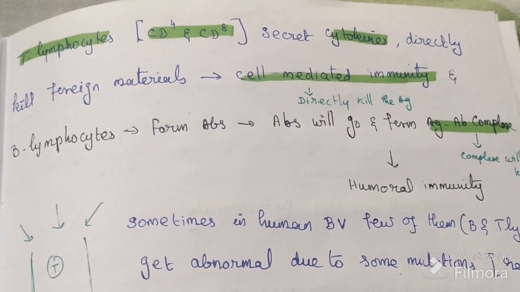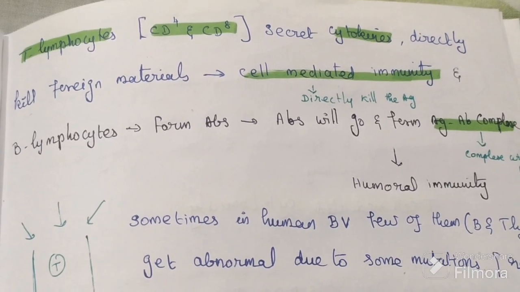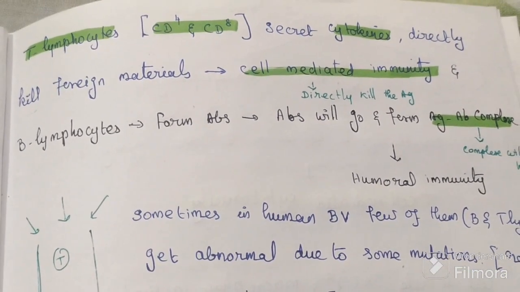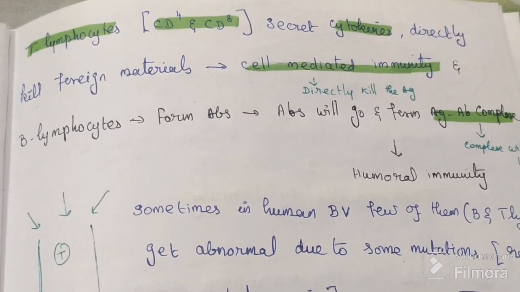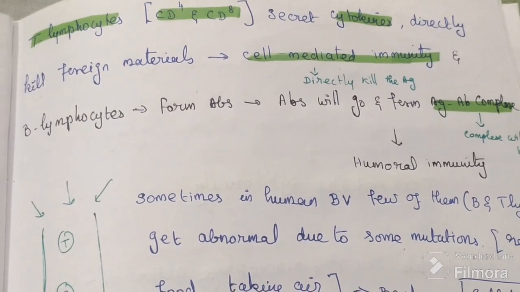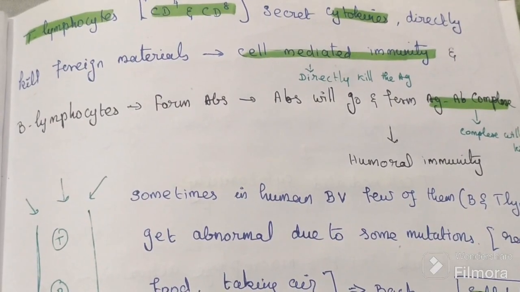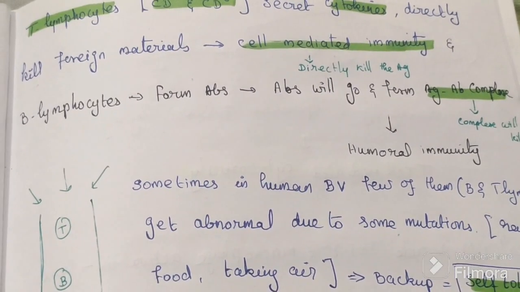Humoral cells may not kill any antigen; they form antibodies against it, and the antibody goes and forms an antigen-antibody complex and kills it.